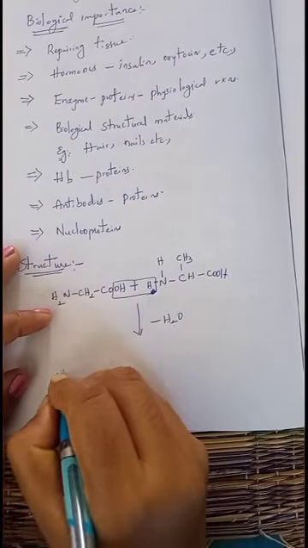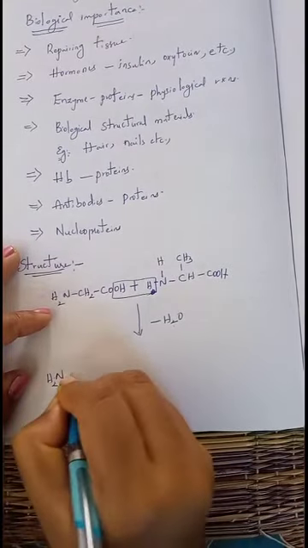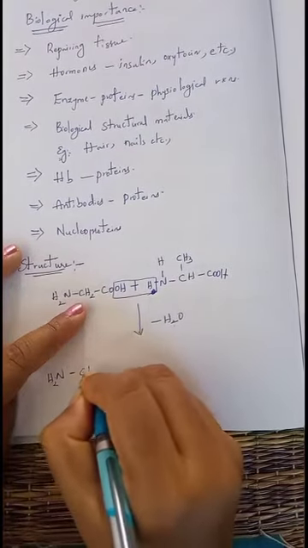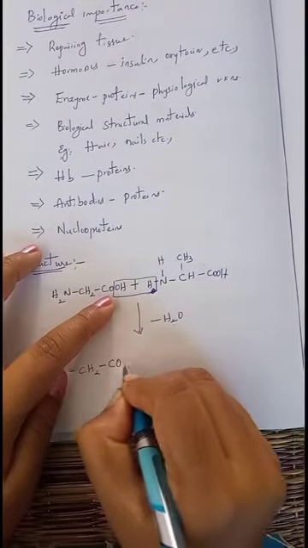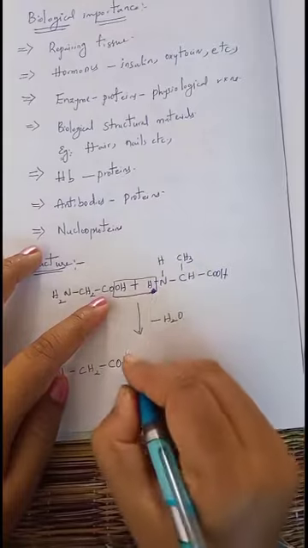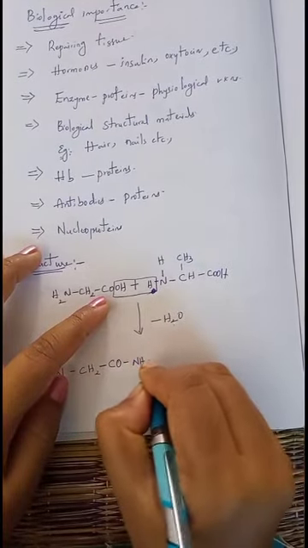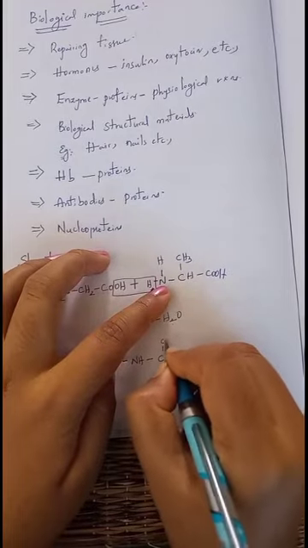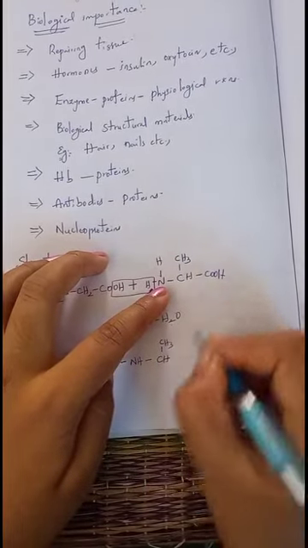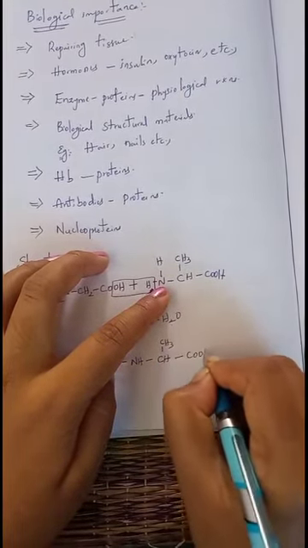First write from here, NH2 single bond, CH2 single bond is attached to CO. Now to this CO, NH will make a bond. NH bond. Beside NH what is present? CH, CH3 and CH beside COOH is present.